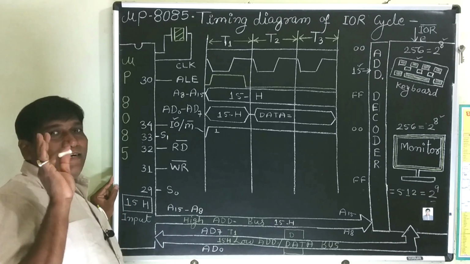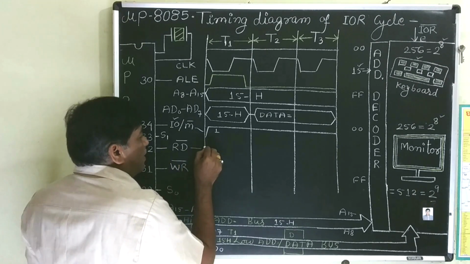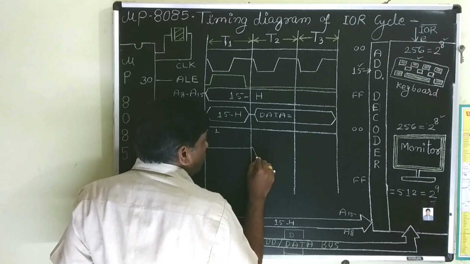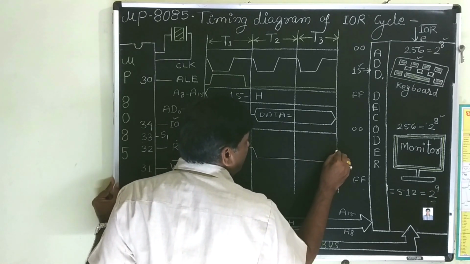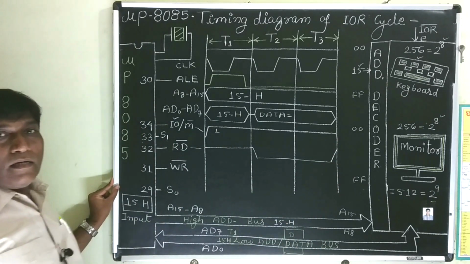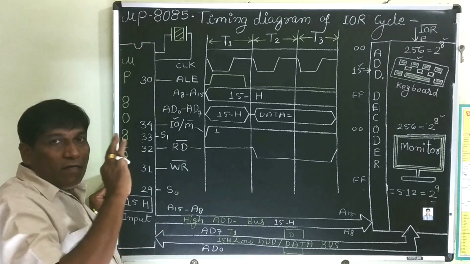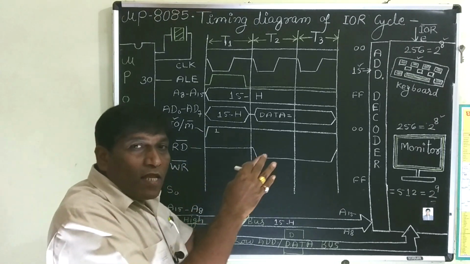And because it is a reading operation, read bar will be activated during T2 and T3, because reading is to be completed during T2 and T3.